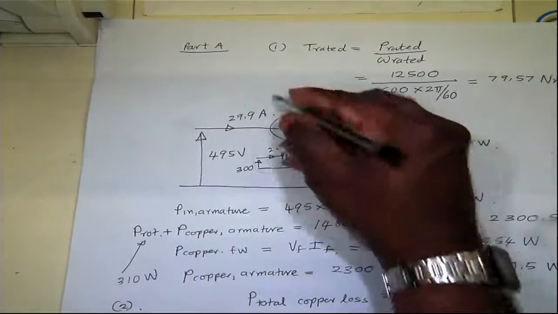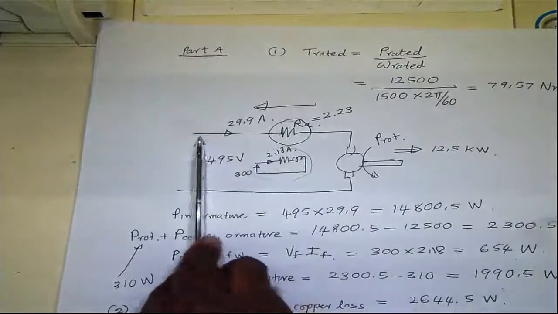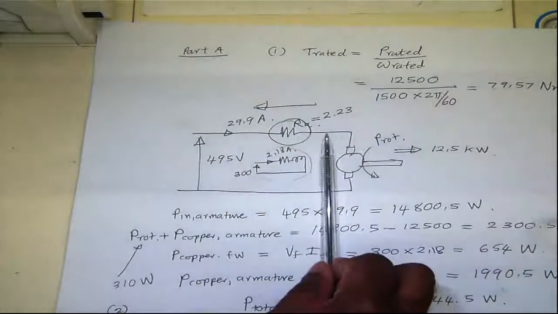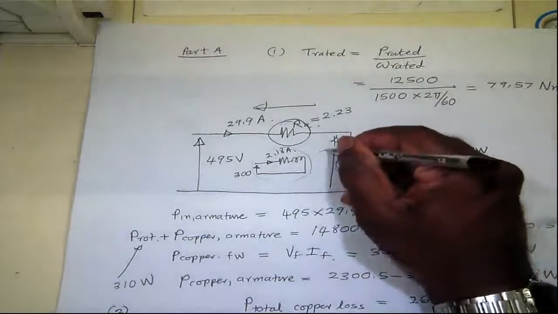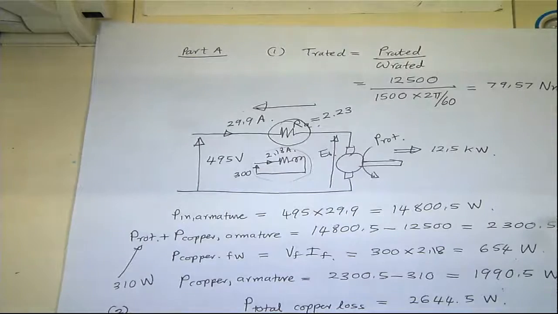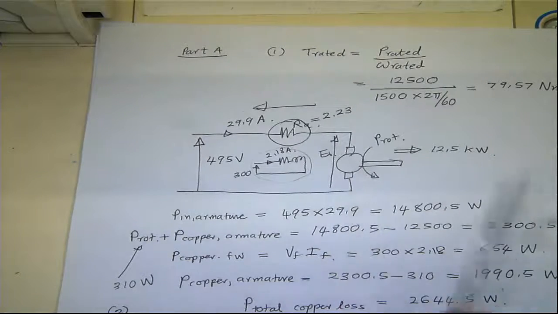You have a certain voltage drop across this resistance, so this voltage minus this gives you the back EMF. Or you can say that back EMF times current is the electromechanical power output, and you can estimate that way as well. You should get the same answer either approach.